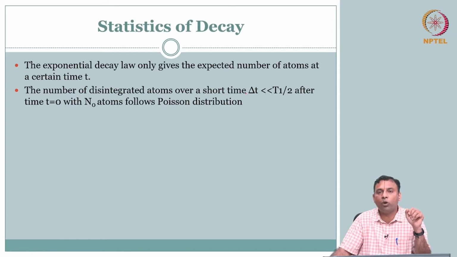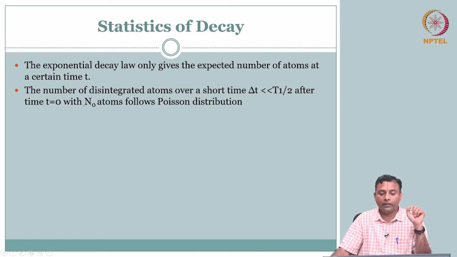What do we mean by small time? We have a time benchmark, which is your half-life. So when you are observing over a small time in relation to the half-life of that radioactive atom, it turns out that the radioactivity will follow a Poisson distribution.